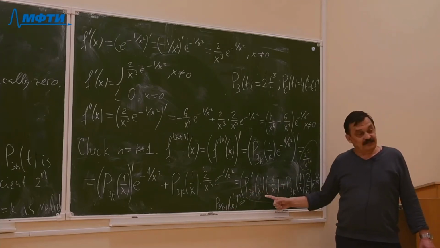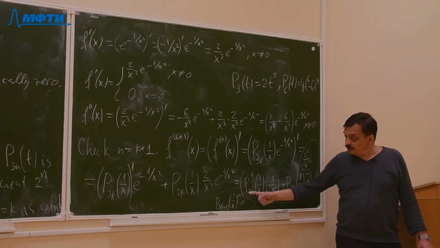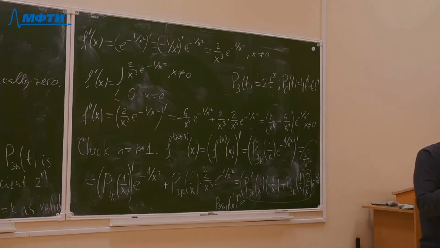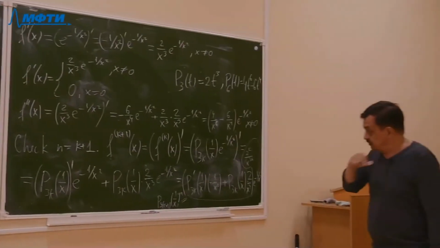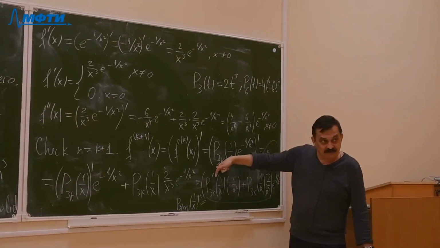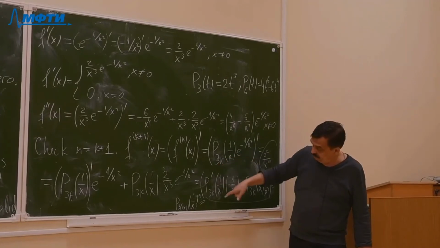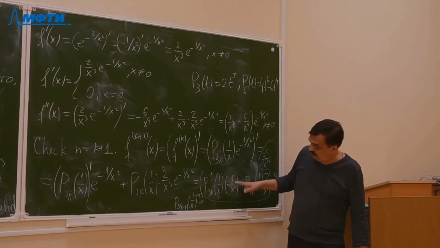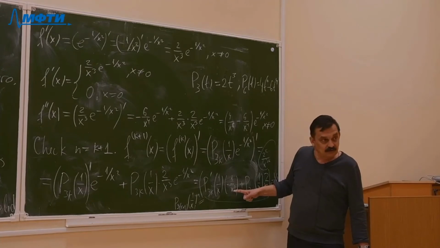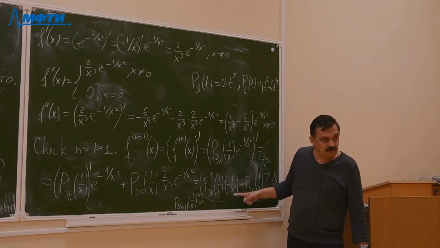What happens here? Polynomial of degree 3k. Take the derivative. That is a polynomial of degree 3k minus 1, right? If you differentiate a polynomial of degree 3k, you get a polynomial of degree 3k minus 1, and which power of 1 over x?